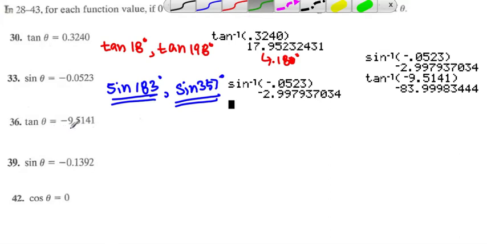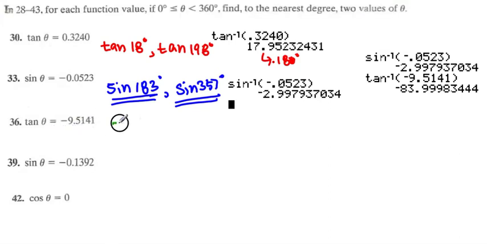So here we have tangent is negative. That means on the second quadrant. So therefore tangent, second quadrant with the reference angle of 84, that means we are looking at 96 degrees. Or tangent is negative from the fourth quadrant, so therefore with the reference angle of 84 degrees, we're going to have tangent of 276 degrees.